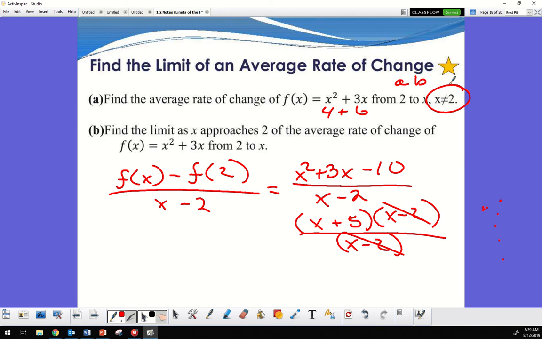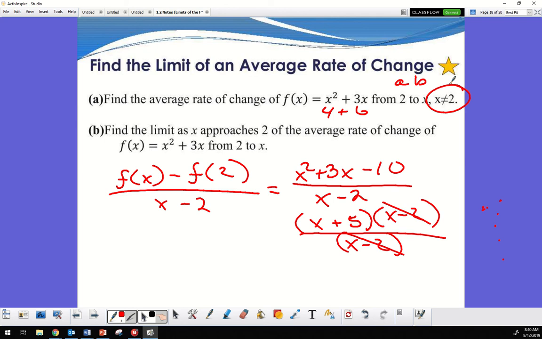This is called a removable discontinuity. A removable discontinuity is when I could factor it out. So I will have a hole in my line that I factored out, and x still cannot equal 2, but I factored it out to be able to do this. So I removed the discontinuity in my function.